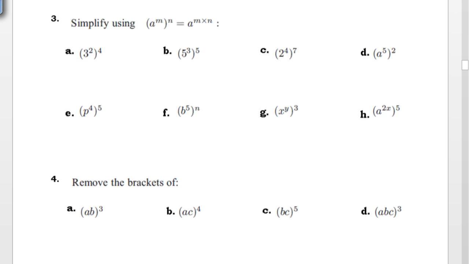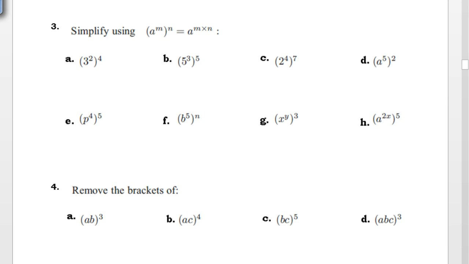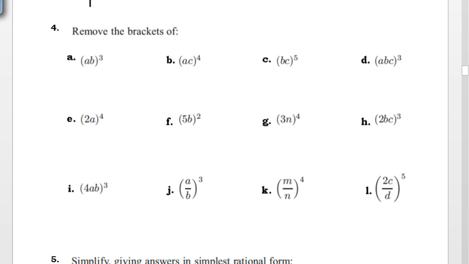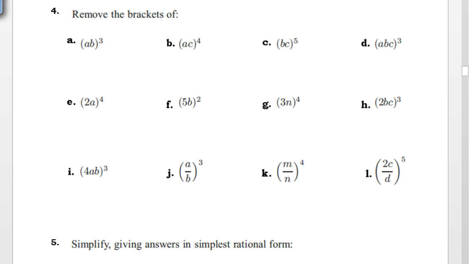Number 3, we're going to use the power of a power rule, and to do that we just multiply our exponents together. So let's pick letter E, my base of P, and I'm going to do 4 times 5, and that is 20. That one's pretty easy. Number 4, I have a couple different styles, so I'll do one from the top and one from the bottom.